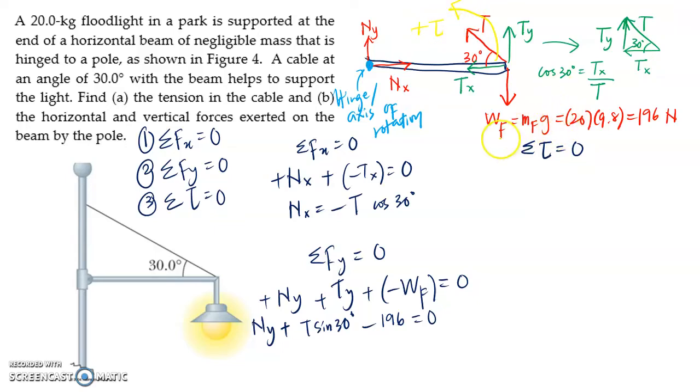And then we have the weight, which is directed in the downward direction. The weight here will rotate the beam downward, so we can write down that this is going to be the negative torque, because it is clockwise. This is the torque produced by the weight of the floodlight.